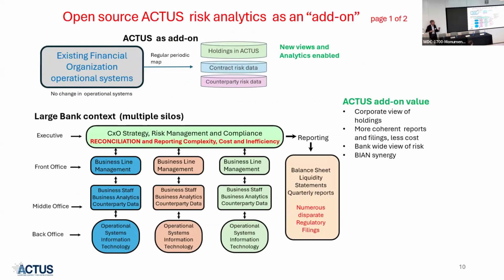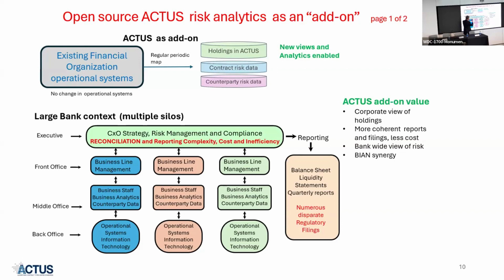There we go. So you're breaking down front, middle, and back office. Could you explain where ACTUS breaks down into those functions? It's all of these. All of these levels of analysis are dealing with the same underlying contract holdings. Each department has contracts that it's holding. The analysis that you do at each of these levels may be specialized and different, whether or not you apply ACTUS.